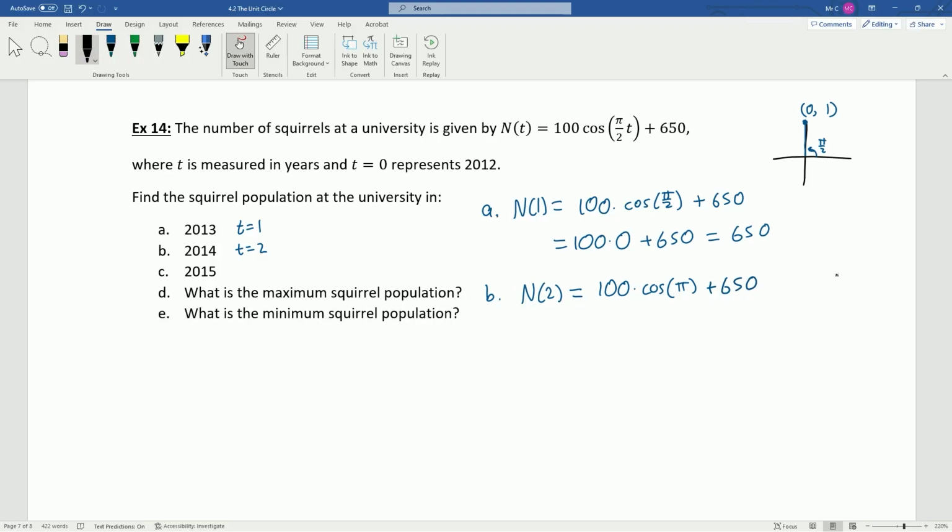And so now when we draw pi, that's our straight angle. That puts our terminal side here. And so our x value is -1 and the y value is 0. So this is 100 times -1 plus 650. That's 550.